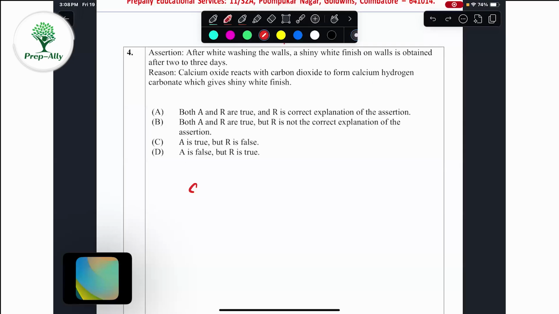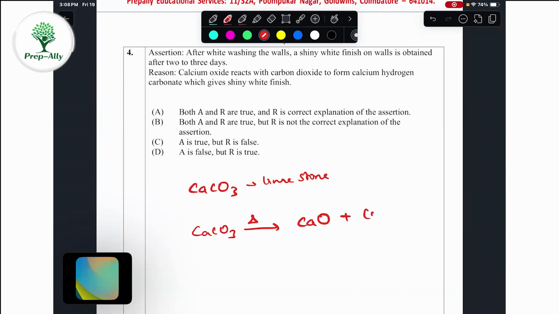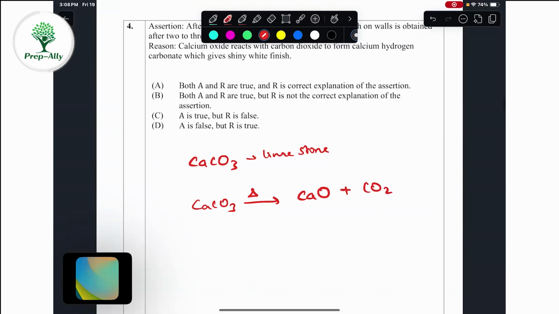Actually, let's say this is limestone, calcium carbonate, and we are going to heat it. If you are heating this, the carbon dioxide will escape from this compound, so you will get CaO.